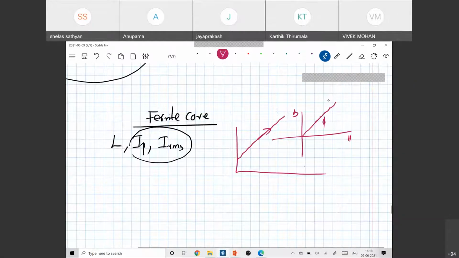So the peak value of the current flowing through the inductor restricts the saturation; we should watch the peak value because it is directly related to saturation. And why does the RMS current come into the picture? Because on the core you need to wind copper wire, and the RMS current is related to the heat produced, that is, the copper losses. So the copper loss is also one of the constraints.